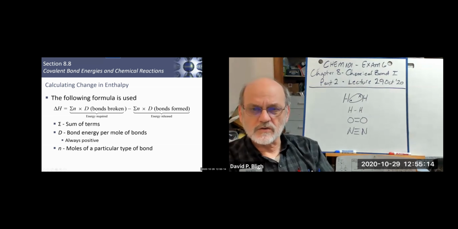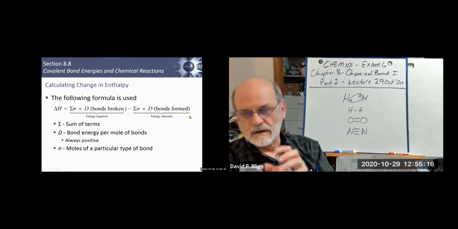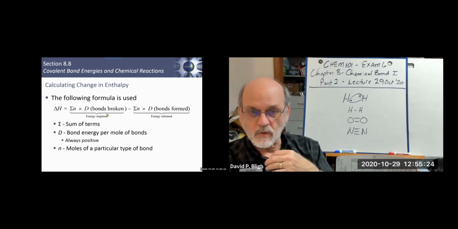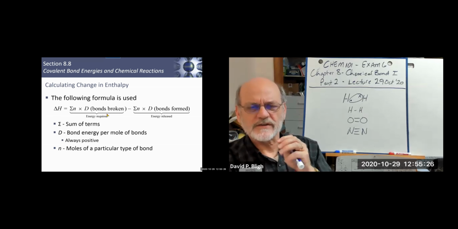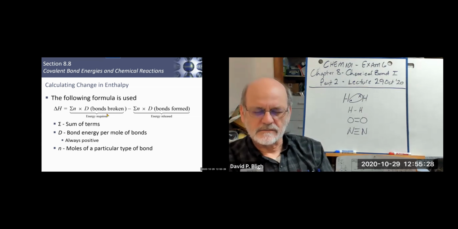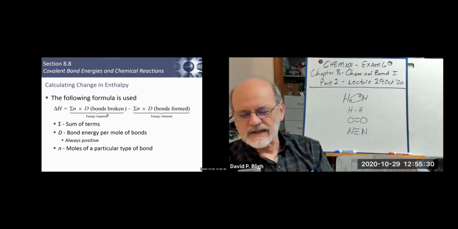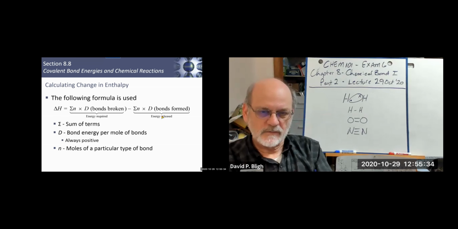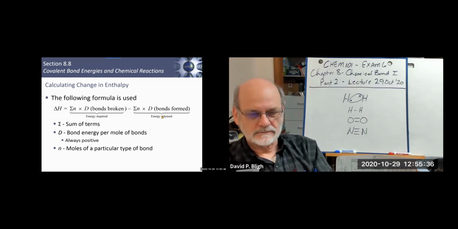How much energy do you get back? It may be a positive number, but this negative number here, no, this is the positive number. You're breaking the bonds. That's the positive number. Here's the negative number, but you're only taking the absolute value of it. We need to work a problem to show that.